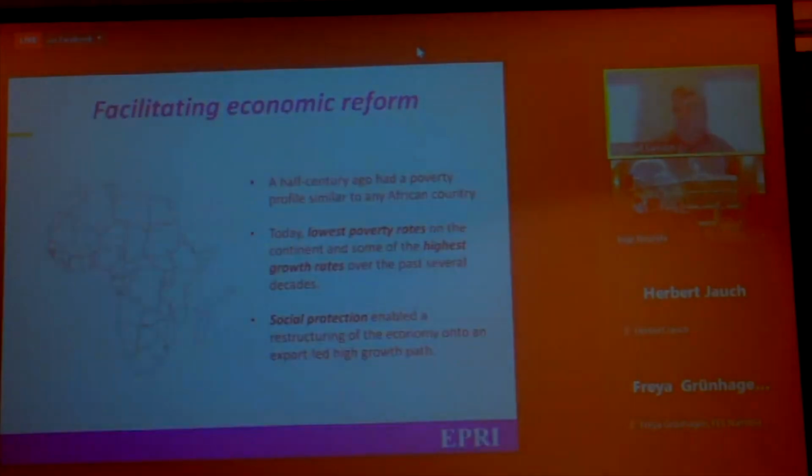And if we go a few hours away by plane to Mauritius, we'll land in a country that half a century ago had a poverty profile similar to the worst of African countries. Today, it has one of the lowest poverty rates on the continent and has experienced some of the highest growth rates in the world. It's Africa's economic miracle.